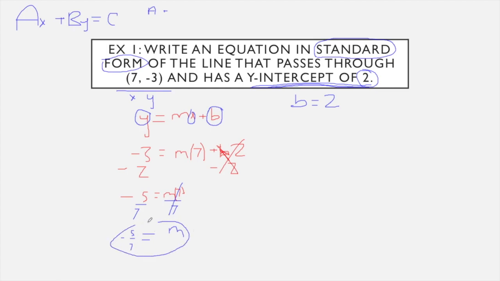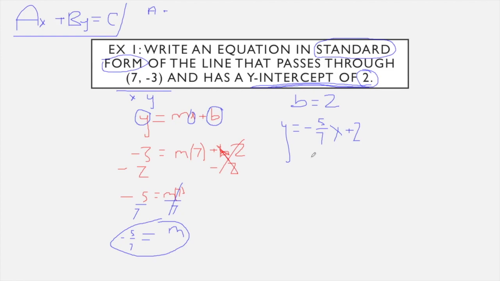So that's our m value, but we're not done because we need to write our equation in this form. So we could say we know y equals that m value +2. How did I get this? Well, we know b is 2, that goes here. And we know m, we just said, is this value here. But we want to write it in the standard form. So let's get x and y on the same side.